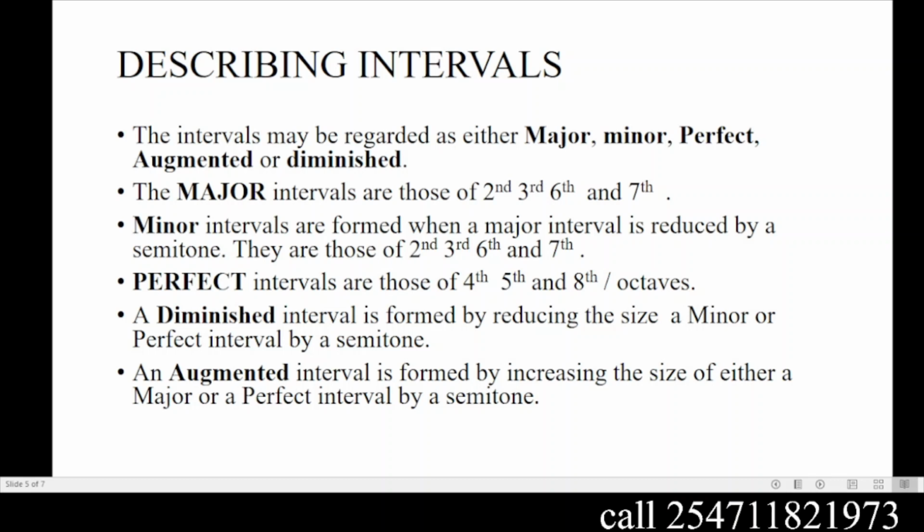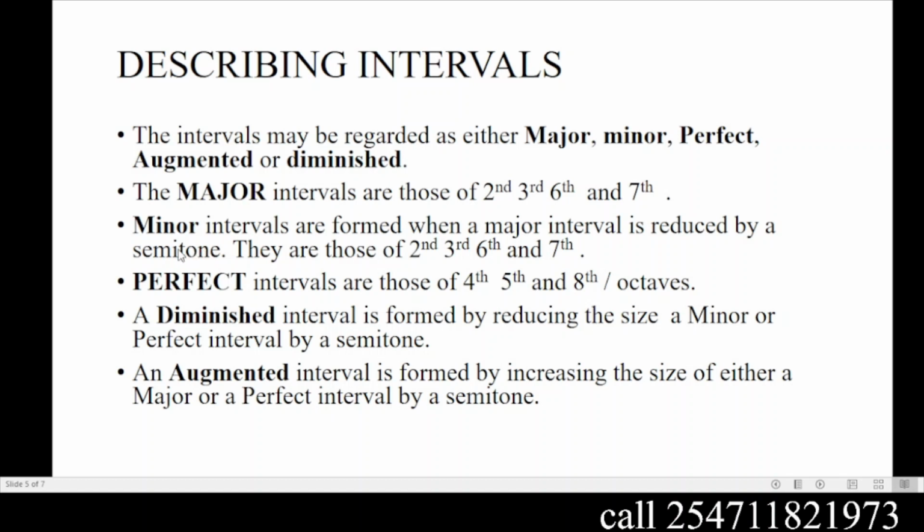Then minor intervals are intervals that are formed when you reduce a major interval by a semitone. You can also get a minor interval if you increase a diminished interval by a semitone. But let us focus on reducing the major interval by a semitone.